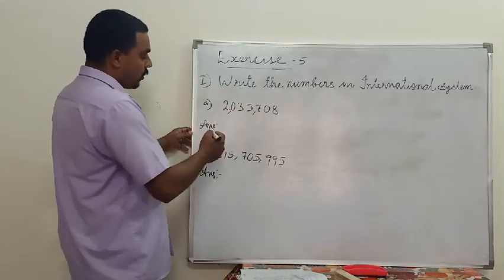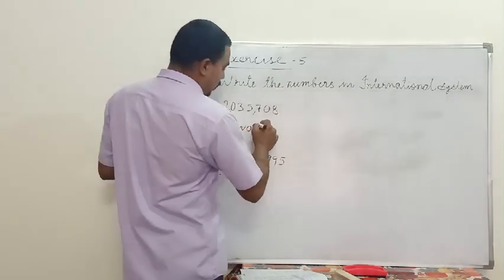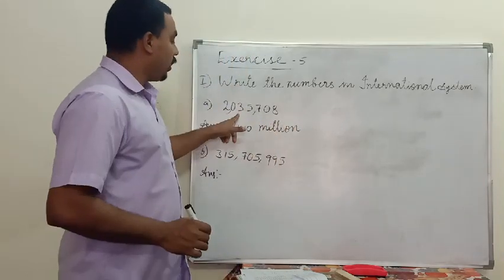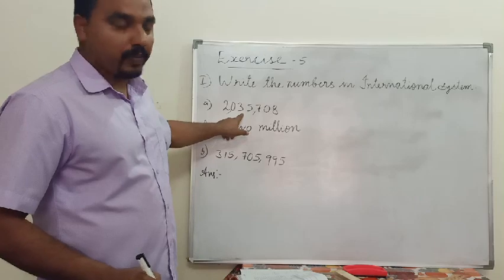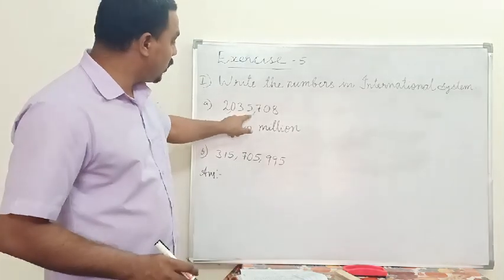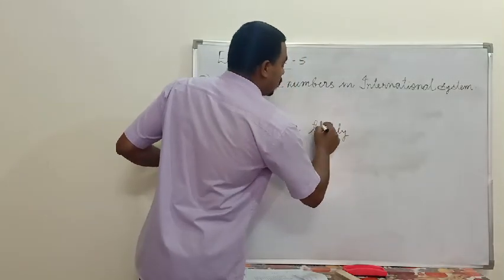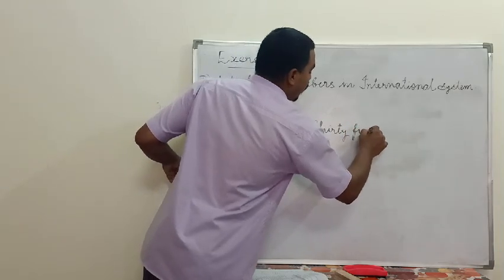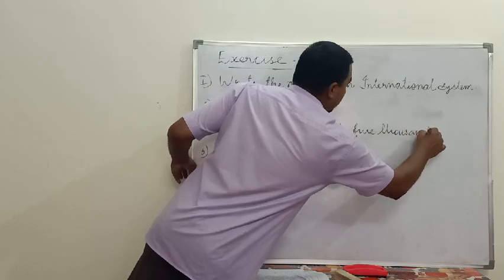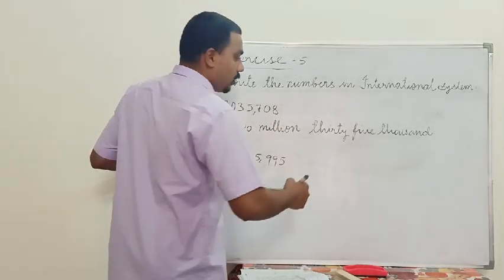How to write this? See this. 2 million. Then 35,000. In the 100,000 place there is nothing, 0. So what we have to write is 35,000, then 708.